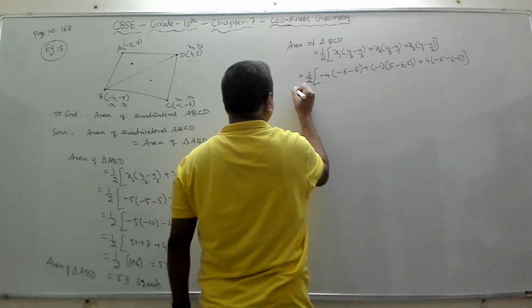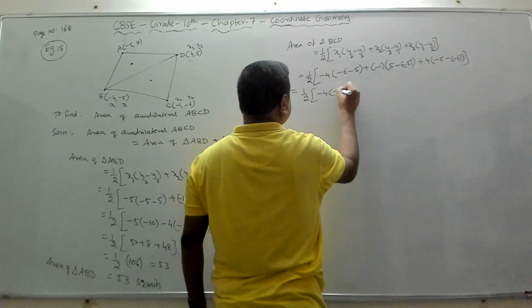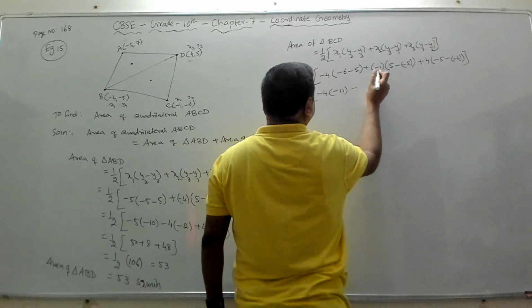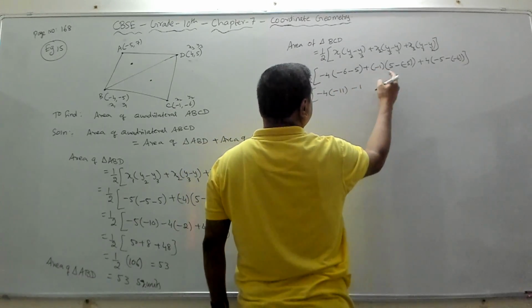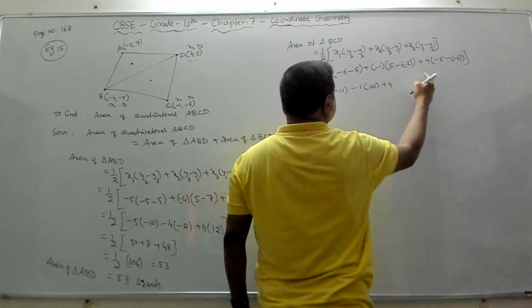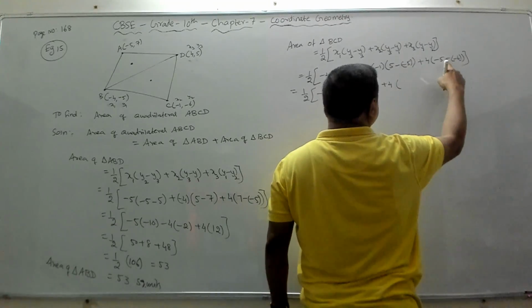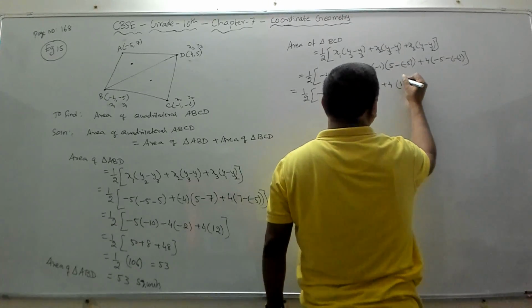So that is equal to 1 by 2 of minus 4 into minus 6 minus 5 is minus 11. Minus plus into minus is minus 1. 5 plus 5 is 10. Plus 4 into minus 5 plus 6. Minus 5 plus 6 is plus 1.